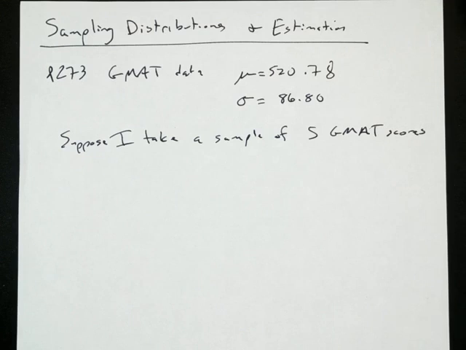I can figure out what the average of my 5 is. And depending on how I did this sample, I might have to question whether or not I have an average that's close to the true average of the population.